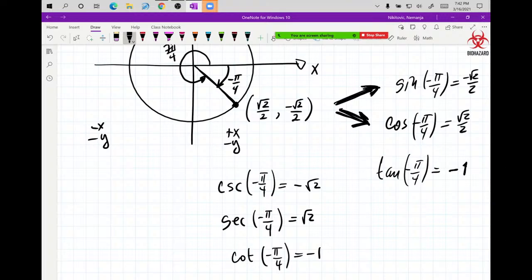They're in the parentheses? Well, that's all of the pi over 4s are negatives. I'm asking about the answers. The signs stay the same?